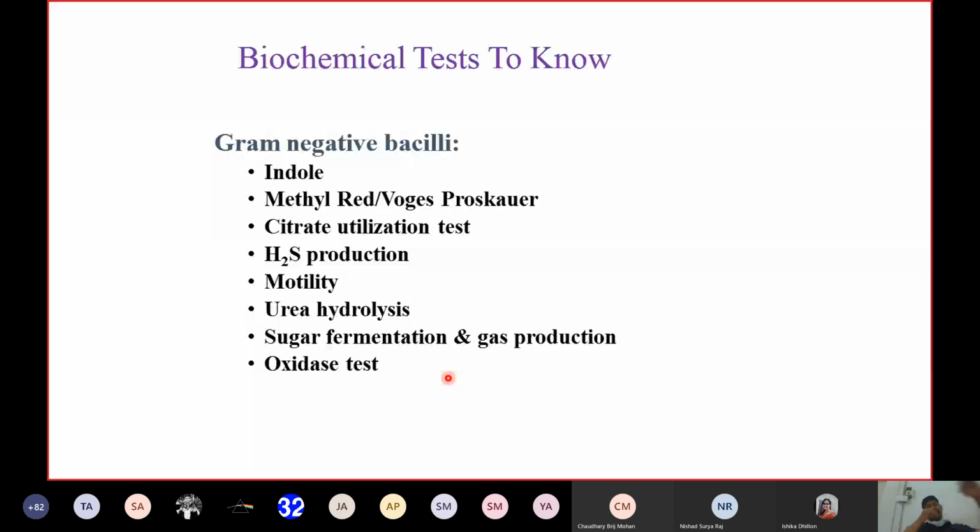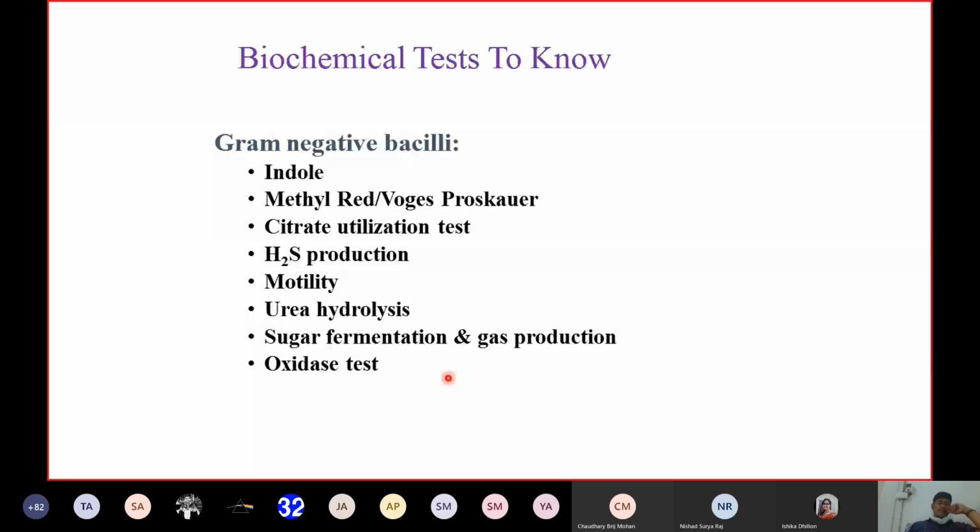In biochemical properties, there are hundreds of biochemical tests that we can use in identification of organisms. But in clinical practice, only a very limited set of tests is used in day-to-day life. And in your laboratory learning also, you will be learning only 6 biochemical tests, not all.